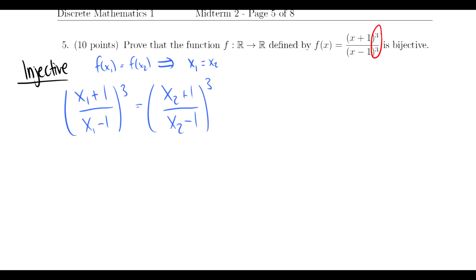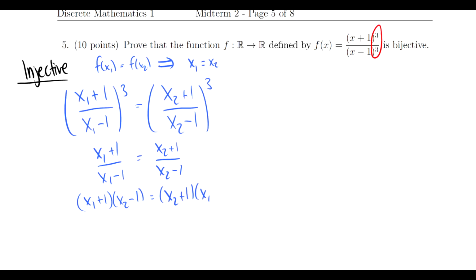What I did was I just grouped the cubes together and made it the whole thing. Because now what I can easily do is say, okay, this is the same thing as (x1+1)/(x1-1) equal to (x2+1)/(x2-1), because we just dropped the cubes. Okay, so now we can cross multiply. So we have (x1+1)(x2-1) is equal to (x2+1)(x1-1).